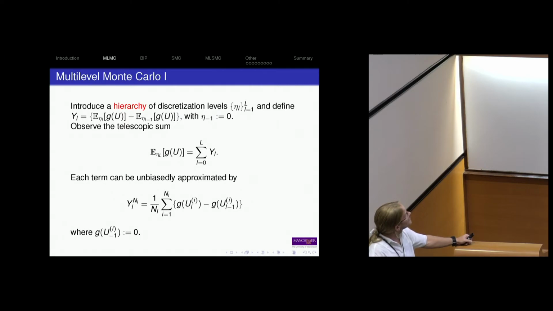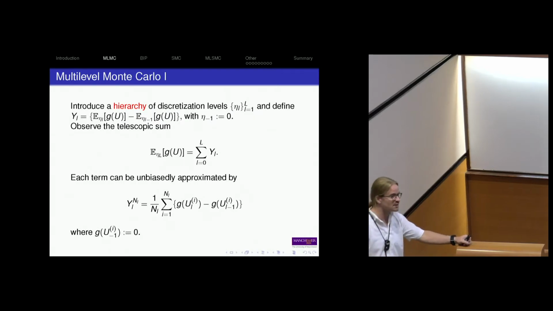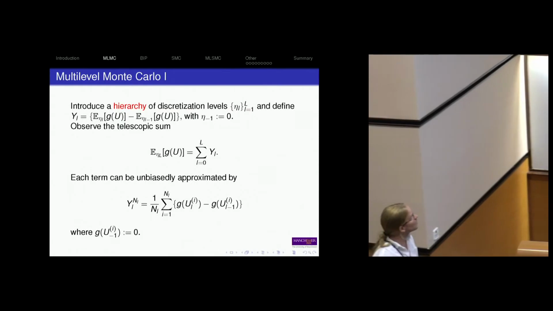Now, each one of these terms of the telescopic sum can be unbiasedly approximated by estimators of this form. In fact, any estimators of this form, provided that these pairs of samples U_{l-1}^i admit the appropriate marginals, right? And in particular, they can be coupled, and that's what we'd like them to be. We'd like them to be coupled in some optimal or maximal way.